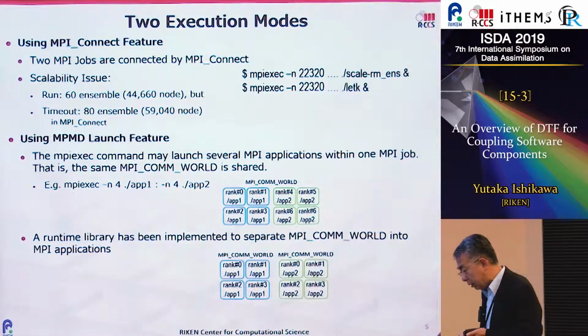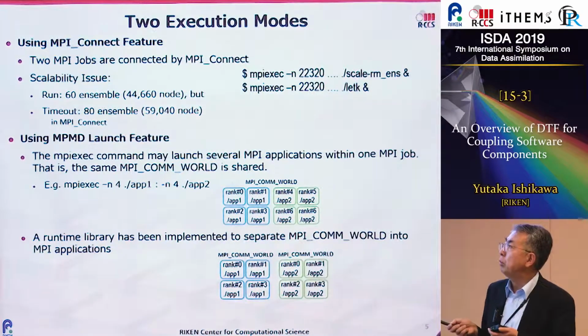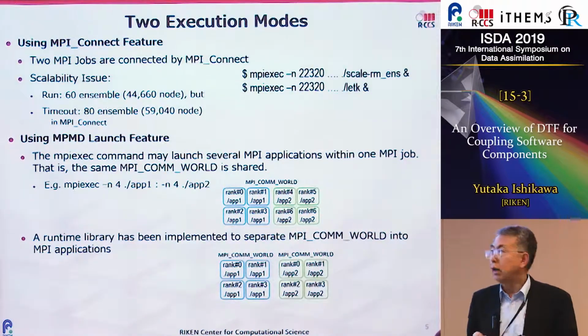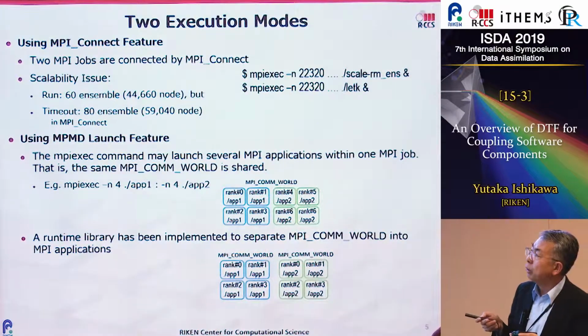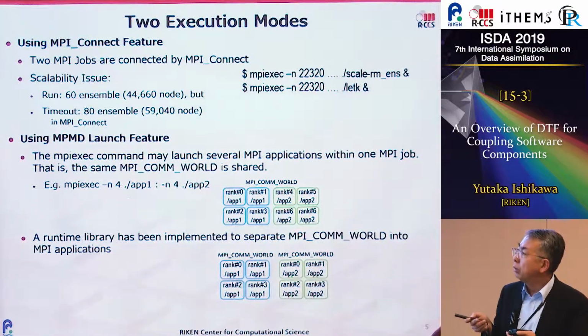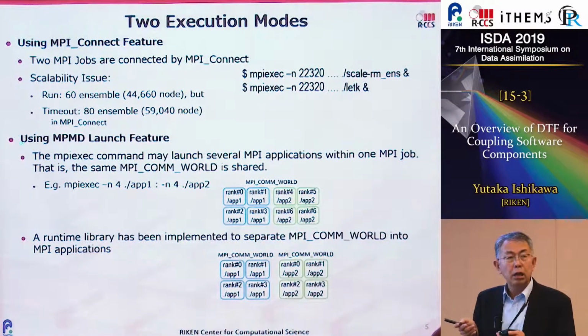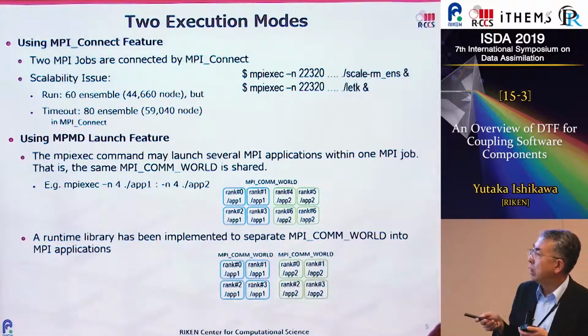Finally, we designed another way, using the MPMD launch feature, which is one of the MPI standard features. What this means is that two applications can be launched at the same time. But the problem is MPI_COMM_WORLD, the default communicator when your application is launched.